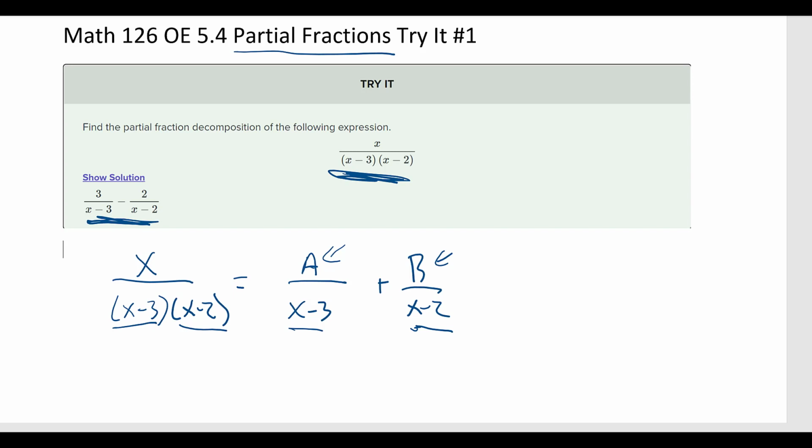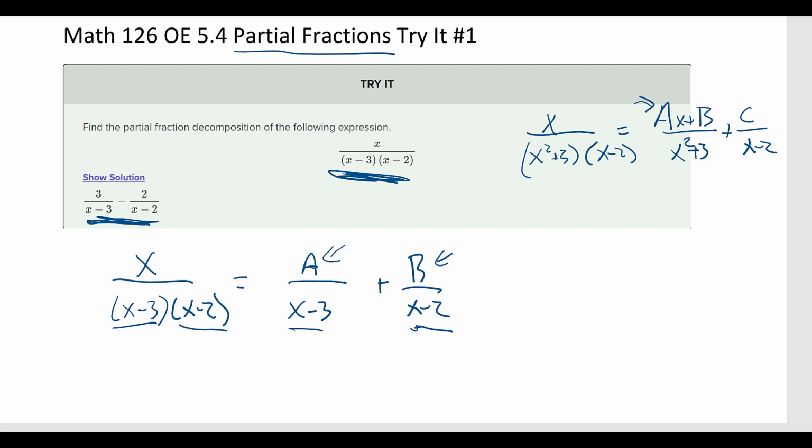And then we go on from there. If, for example, I had something like x over x squared plus 3 times x minus 2, it would be Ax plus B over x squared plus 3 plus C over x minus 2. So notice that this is 1 degree less than down here.